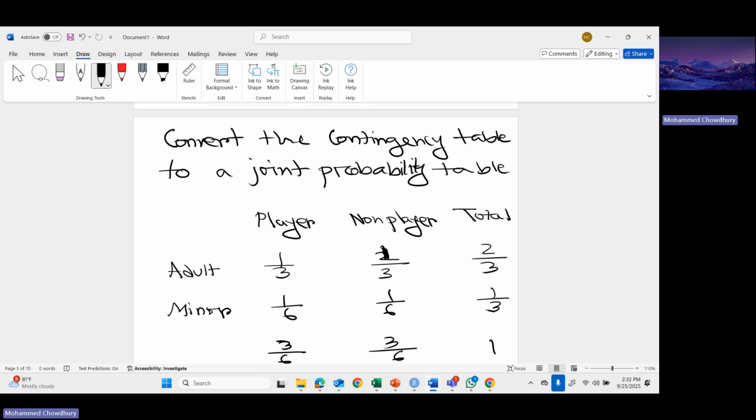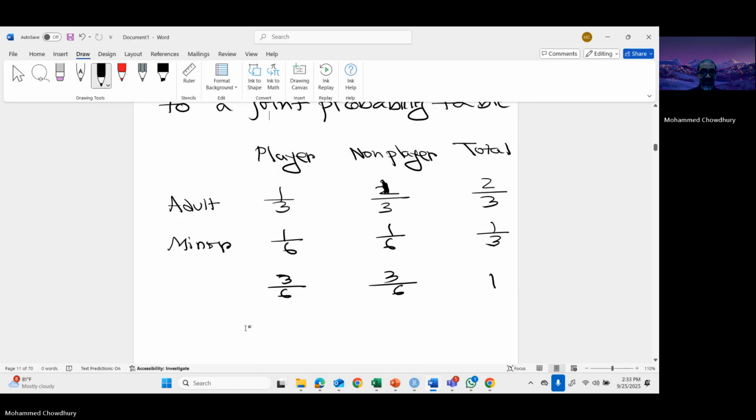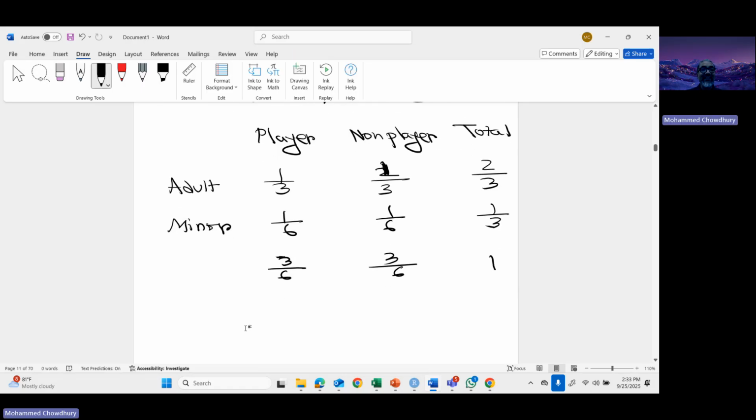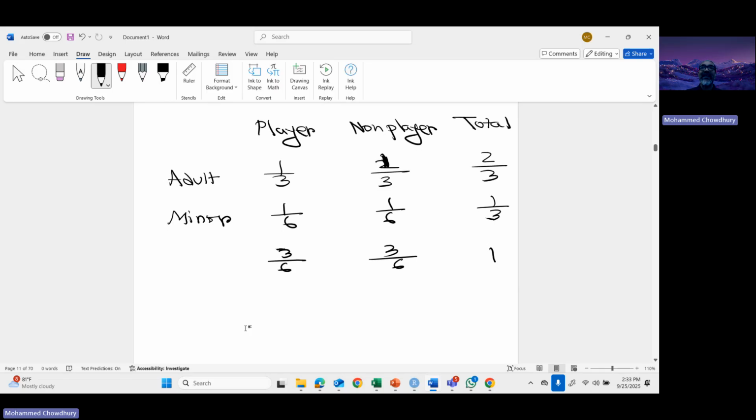For example, what was the first question? Find the probability that a randomly selected person is a player, which is equal to 3 over 6, equal to half. Okay, this is problem number one. What is the second problem? Adult player, which is equal to 1 over 3.